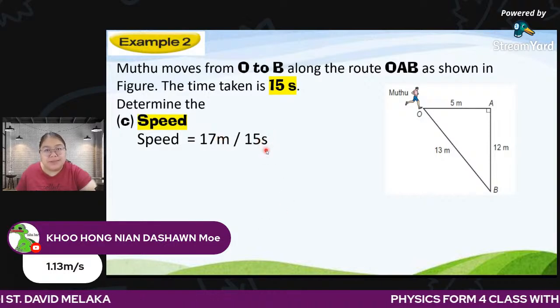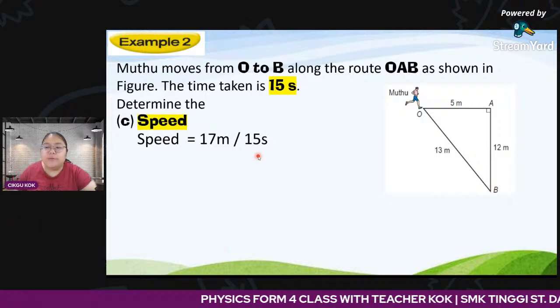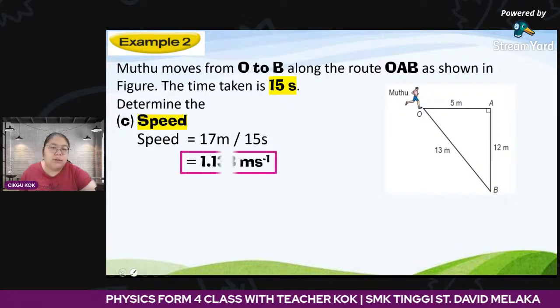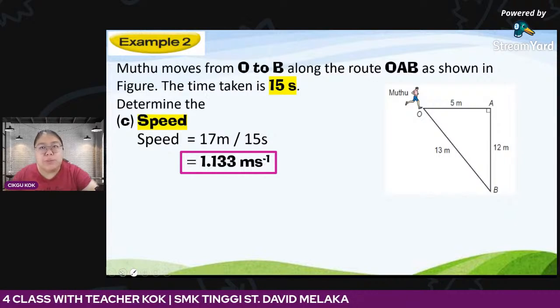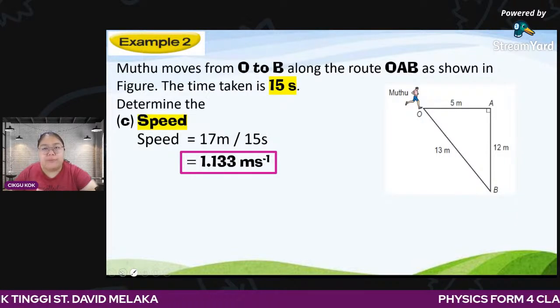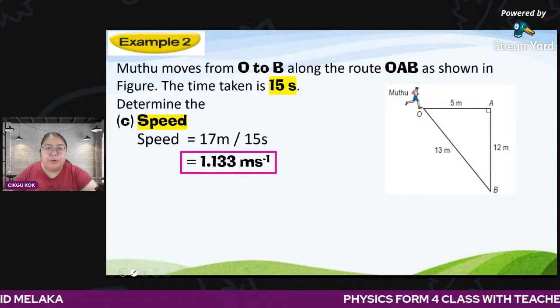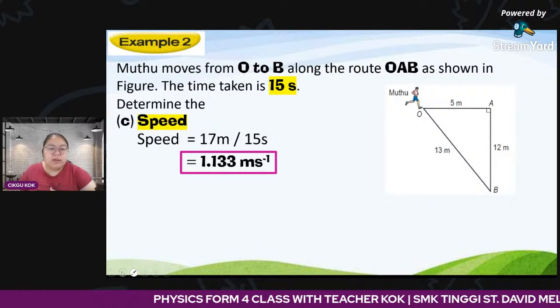Okay, meter per second. So that means your unit sure is meter per second. So from here we go to check. Okay, 1.133 also can. Two decimal point is okay already. So there's a 1.13. After that you put meter per second. Okay, Wei Xuan correct. Okay, then we go to the next question.